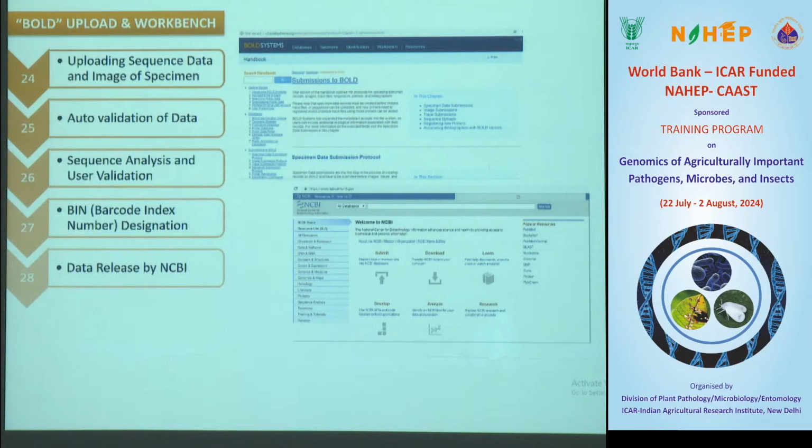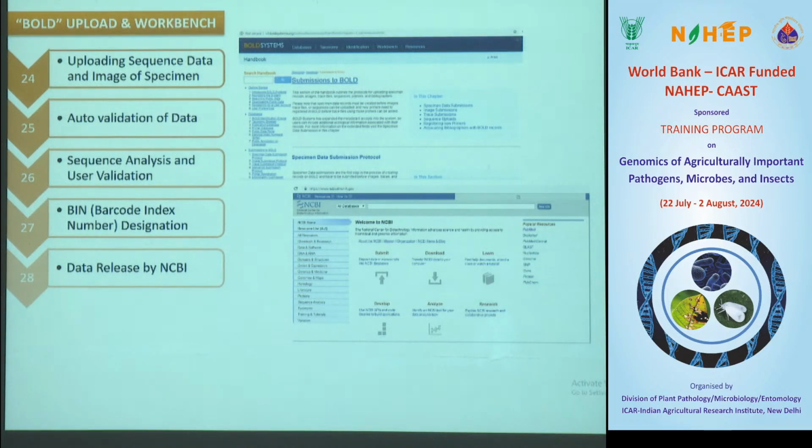And they will allot a BIN number, Barcode Index Number they will designate. So, to explain in simple words, BIN is nothing but if you are submitting like 500 sequences of Helicoverpa armigera, all 500 sequences they will group into one section. They will give a number to that one.